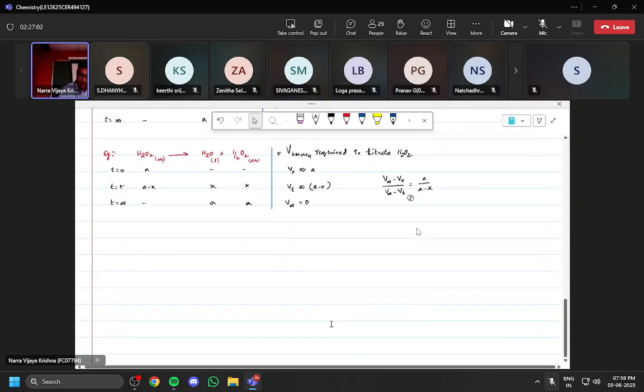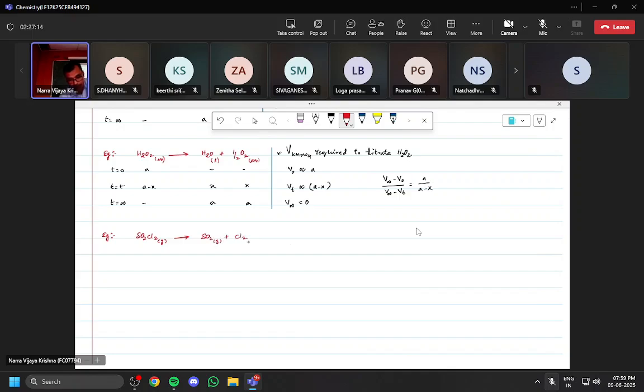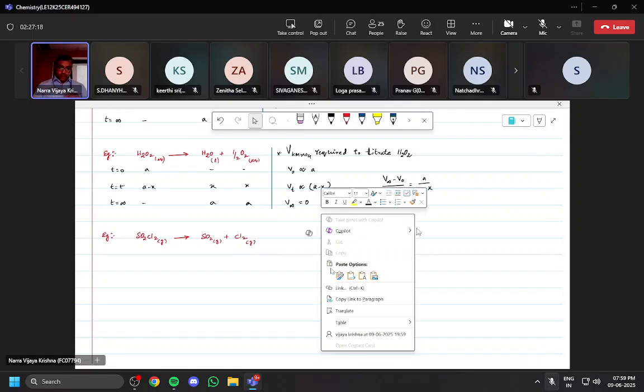Now, instead of this, I am taking one more example. SO2Cl2 gives rise to SO2 plus Cl2. I want to make it a little complicated.